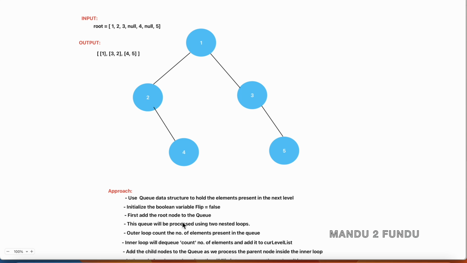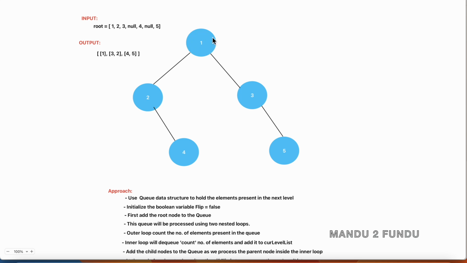So in this case what we do is we maintain a boolean variable flip that is initialized to false. When we do the first level order traversal, we first see only node 1, and after this level is processed we add this node to the output list.